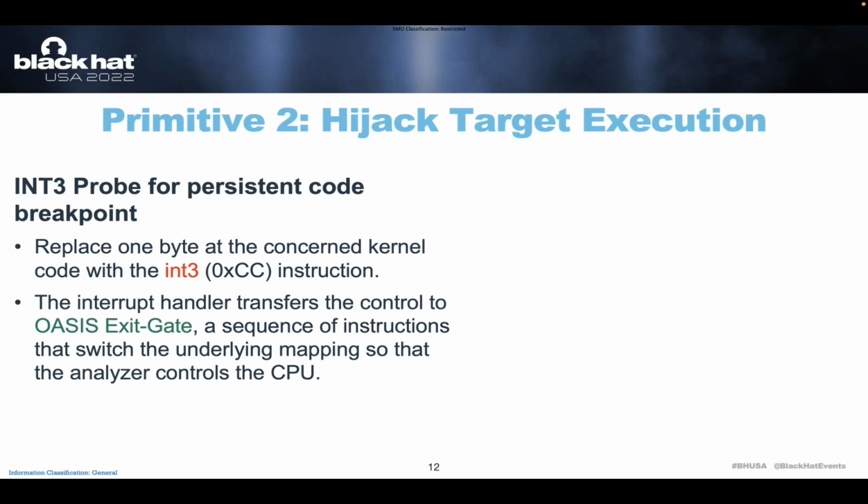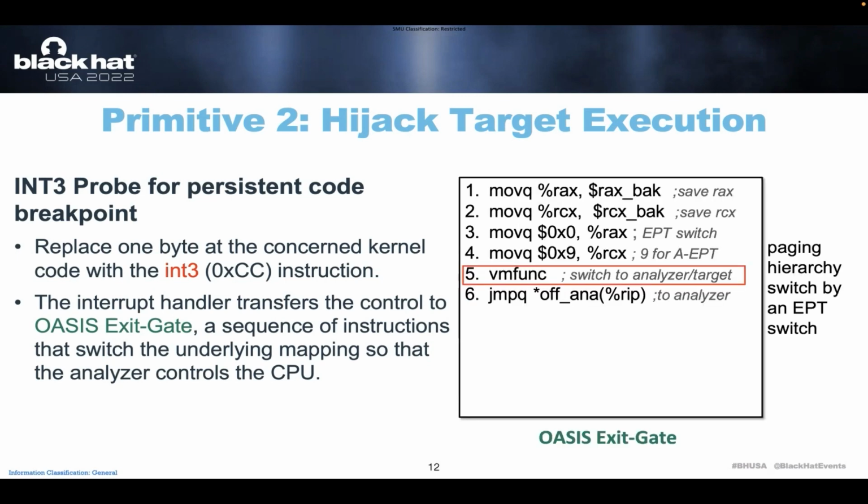One is the traditional int3 probe. So we place this 1 byte in the kernel's code anywhere you want. Once it is triggered, this interrupt handler will transfer the control to the OASIS exit gate. This exit gate is basically a couple of instructions.